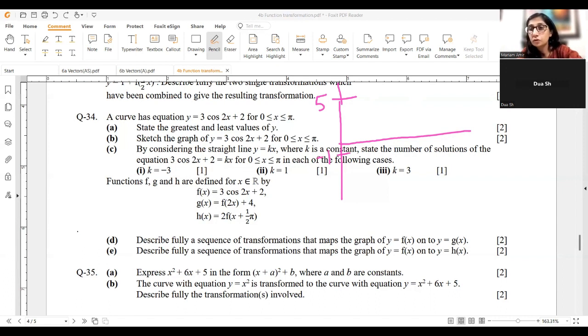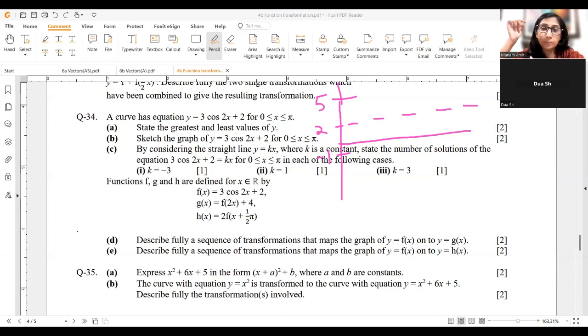It always helps to draw a central line. The central line would be the mid value of 5 and -1, which is 5 plus -1, which is 4, divided by 2, which is 2. So it helps to draw a dotted line here. The graph will be equally above 2 and below 2.